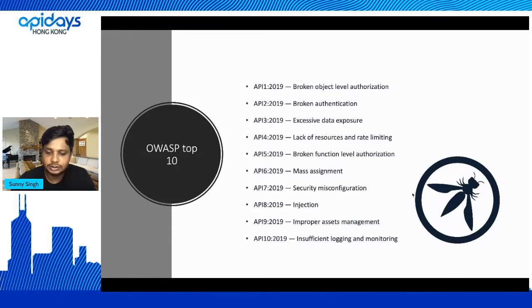Next one is injection. Injection is more about the database, right? We write query languages to fetch data or to input data into the database, right? So injection can be utilized for making such an attack where you put some query in the request and fetch out some data from the database, which should not ideally be done by any end user, right? It should be performed by developers and administrators.